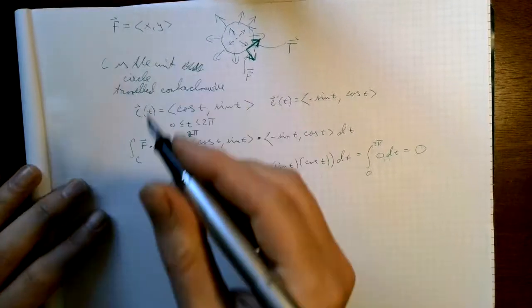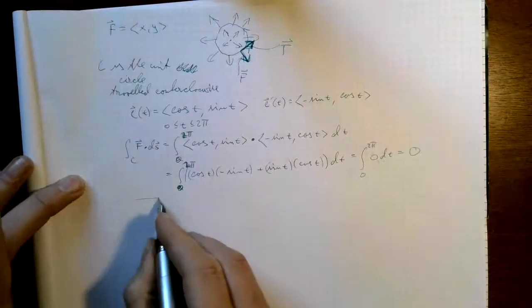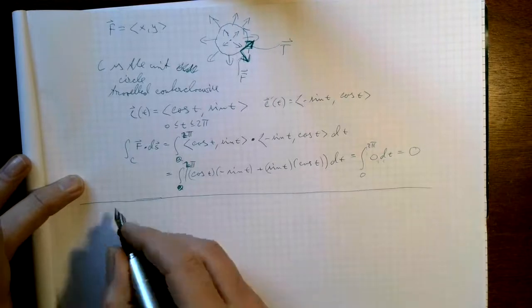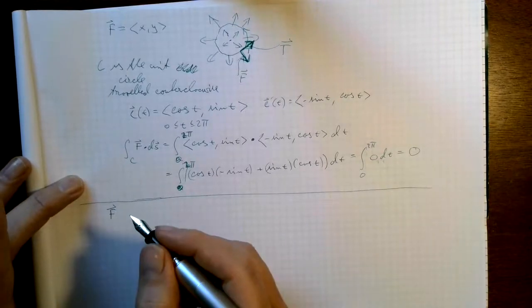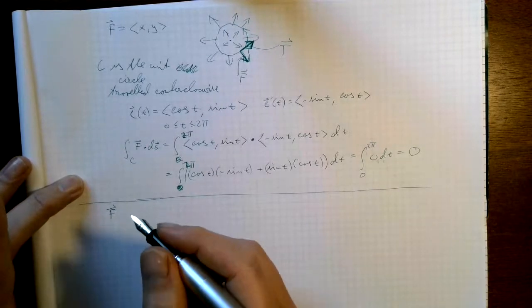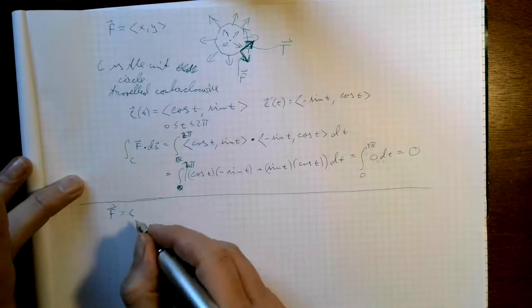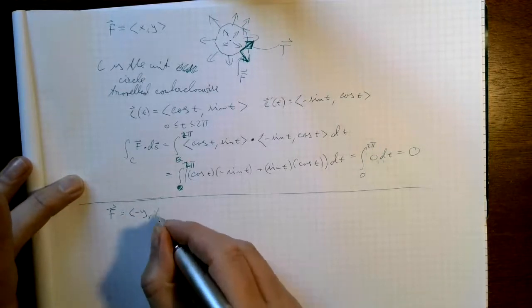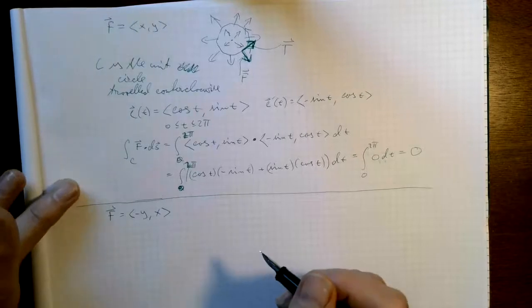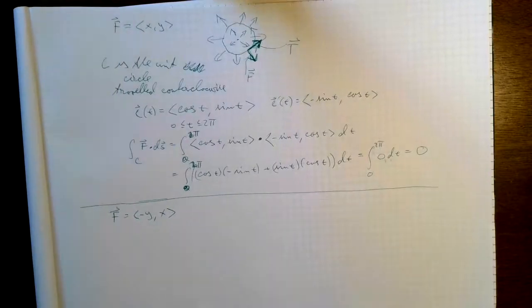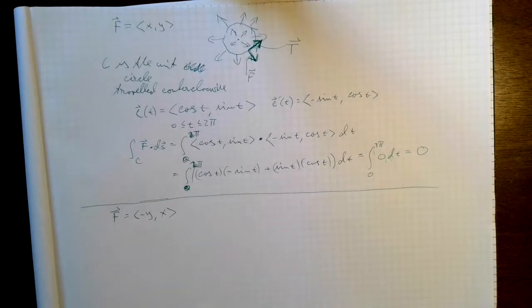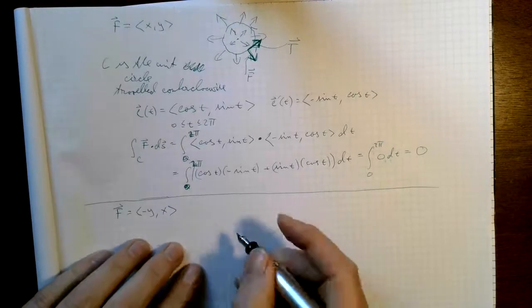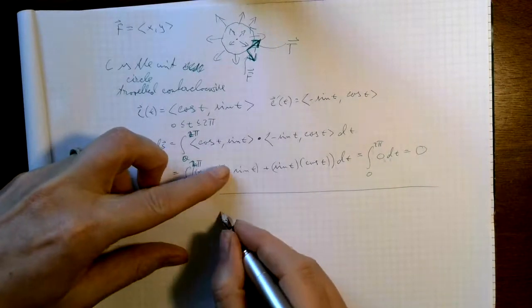Well, let's maybe change the f. Let's do another example. Let's do f is minus y, x. And so this is that vector field that was rotating around.